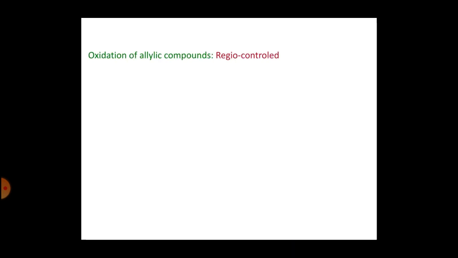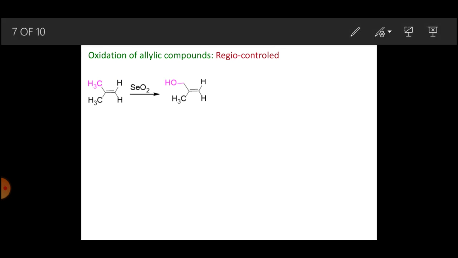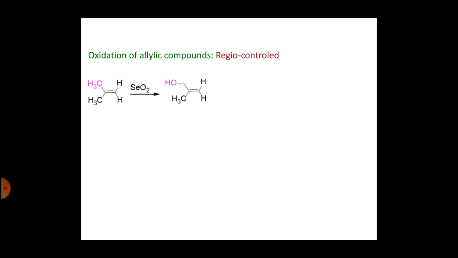After a clear understanding of the mechanism, including regioselectivity and stereoselectivity, now we can discuss some of its applications. So I will start with allylic oxidation, or you may say oxidation of an allylic compound. In this example, there is no issue of regio or stereoselectivity, so oxidation may take place at either allylic position, but it will give the same product.